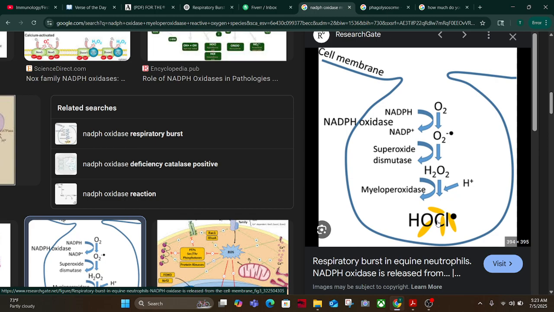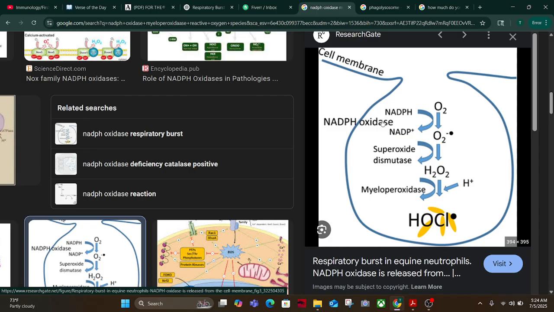In CGD patients, which is chronic granulomatous disease patients, NADPH oxidase is defective. This enzyme, the very first enzyme of the respiratory burst, is defective in CGD patients. So neutrophils cannot produce superoxide or hydrogen peroxide.